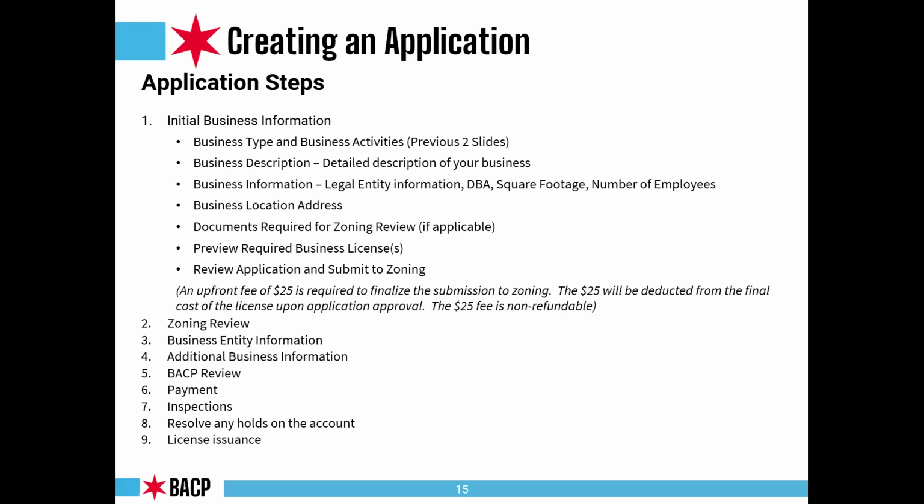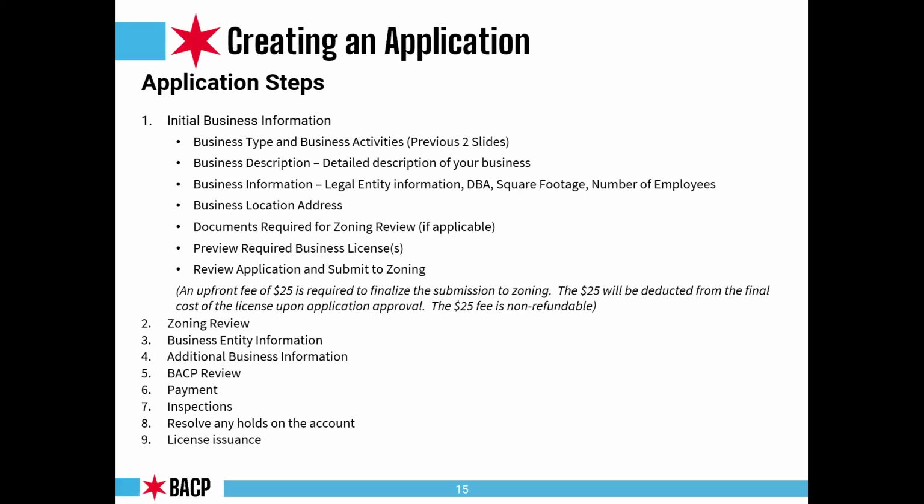You will get to preview the business licenses that will be required for the activities you've chosen, and then you will review your application and submit that to zoning. When you submit your application to zoning, it will not be submitted until you submit your $25 upfront fee.